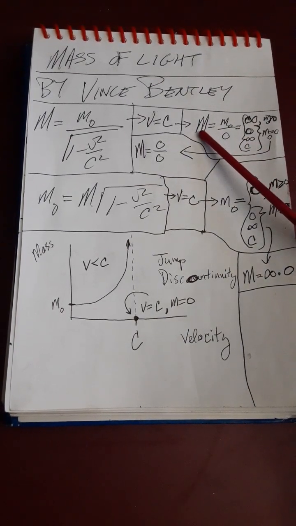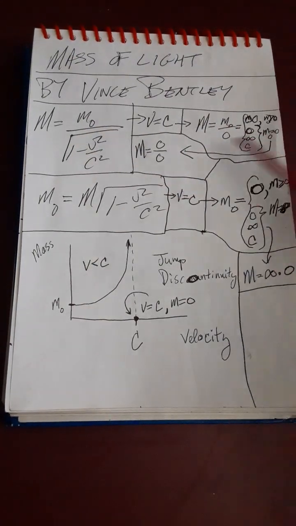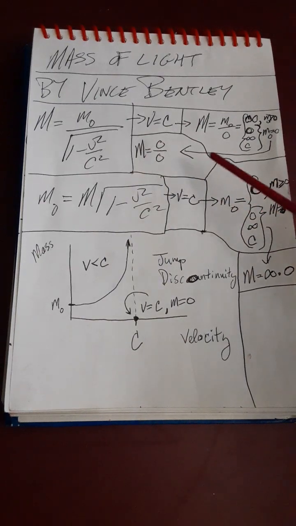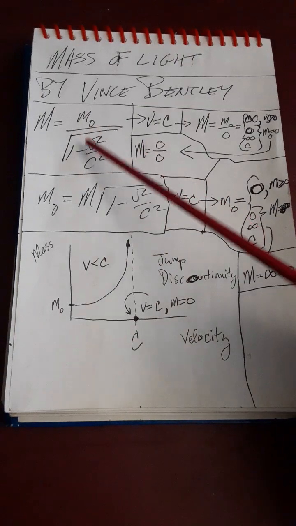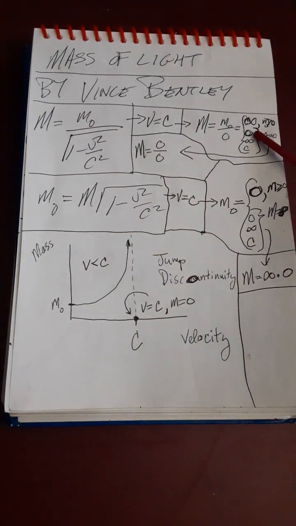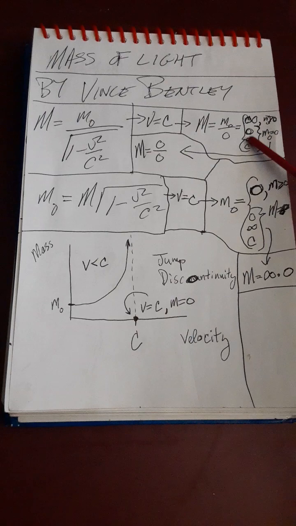Or if m0 here is equal to 0, we have something called an indeterminate form, which in calculus we call. So we use L'Hopital's rule, knowing the functions that these are. But just to list the three solutions that can come out: one is that if this mass is equal to 0, then this mass will come out to be equal to 0.